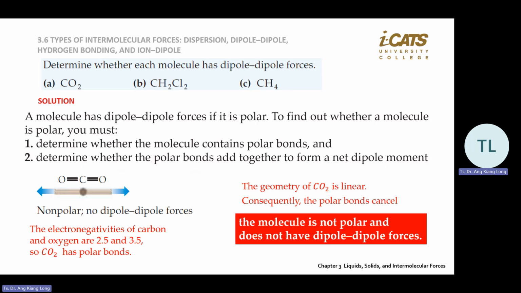If you only look at C and O, yes, there's a polar bond. But for CO2, you need to look at the structure already. The structure is linear, balanced, so the polarity cancels, so the molecule is non-polar and does not have dipole-dipole forces. Yeah.